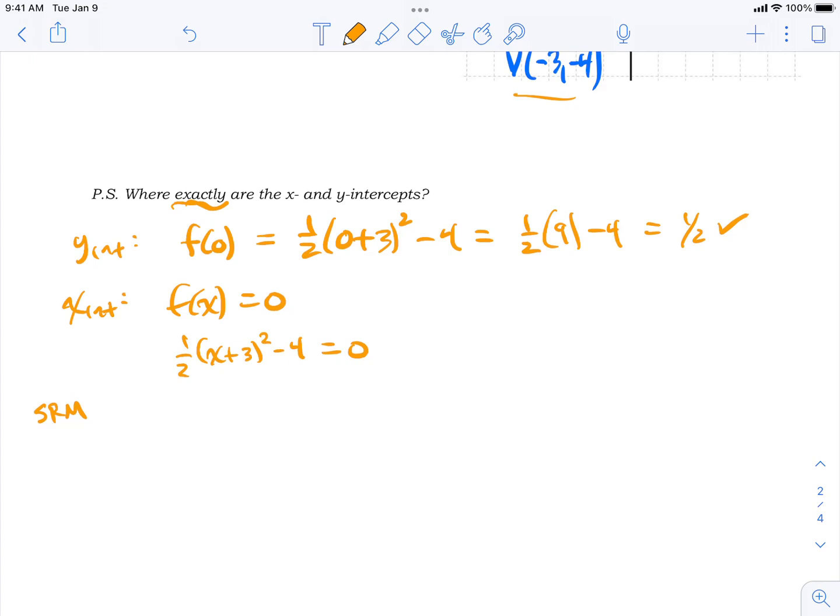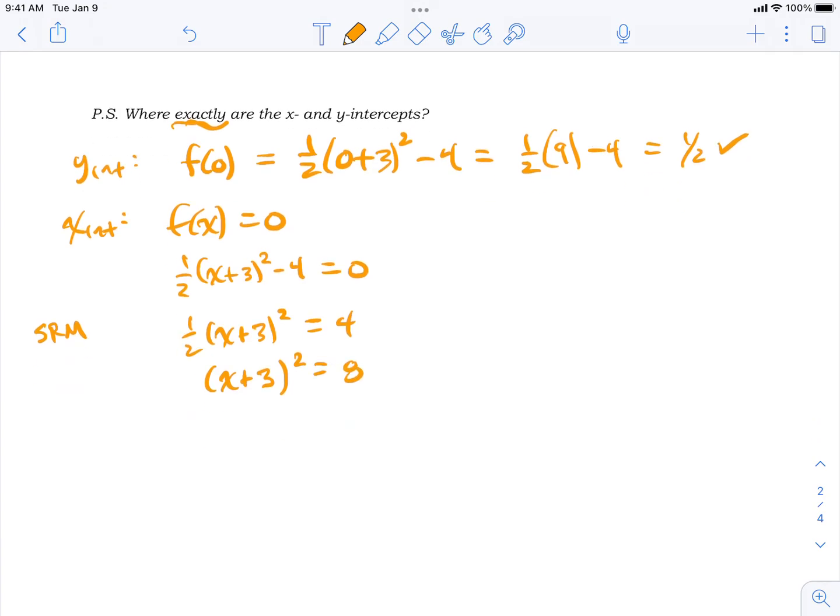So what's nice is that you can isolate the square part, add 4 to both sides, multiply both sides by 2, and you get an 8. And then, because that's the only place x is, it works really well now to take the square root of both sides. So on the left side, you get x plus 3, and that's it, actually. I don't even need the parentheses. The square root takes off the square. That's all it does. And then over here, you get the square root of 8.